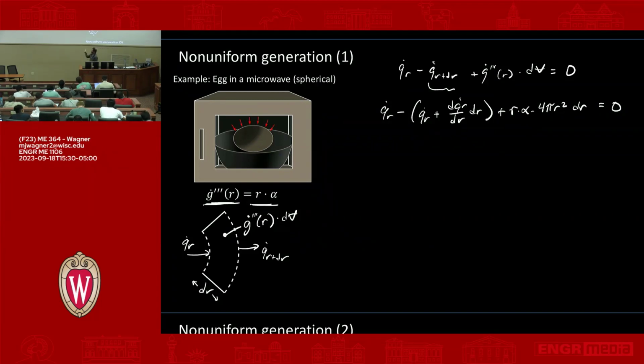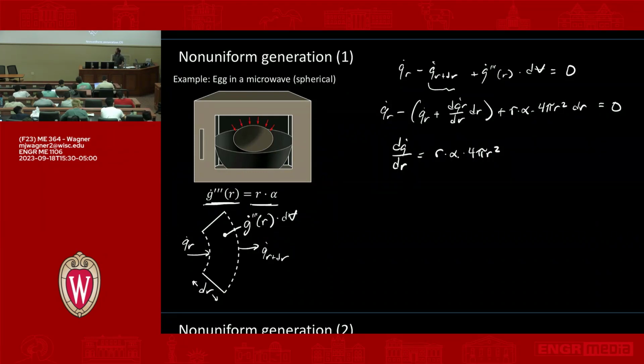So r alpha is the generation, 4 pi r squared dr is my differential shell, like it's a spherical shell. Okay, so simplifying that down, we get dq dot dr is equal to r times alpha times 4 pi r squared.